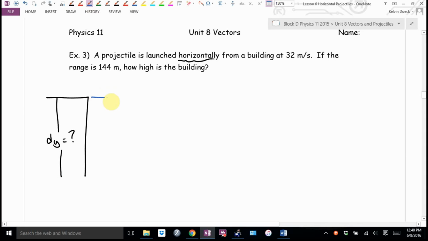They did give me the horizontal velocity. And Connor, what else did they give me? They gave me that distance. I imagine the path would look something like that. I really don't care.